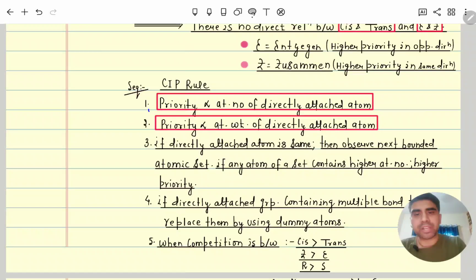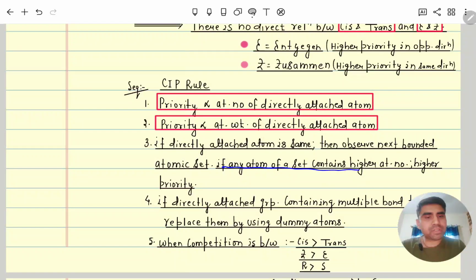So first, priority is directly proportional to the atomic number of the directly attached atom. Second, if the atomic number of the directly attached atom is the same, then we check its atomic weight, like in the case of isotopes. Third, if the directly attached atom is the same, then observe the next bonded atomic set.